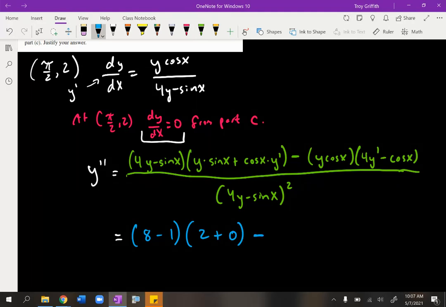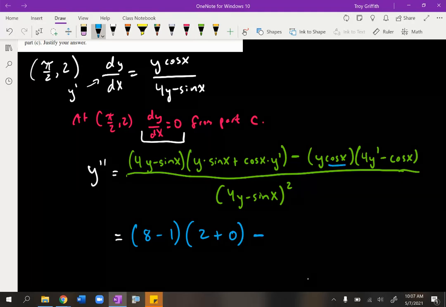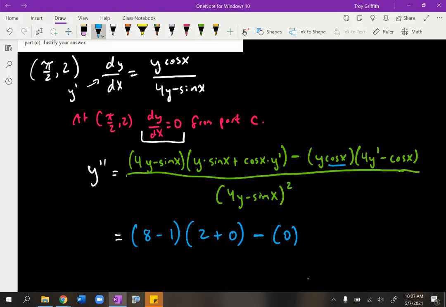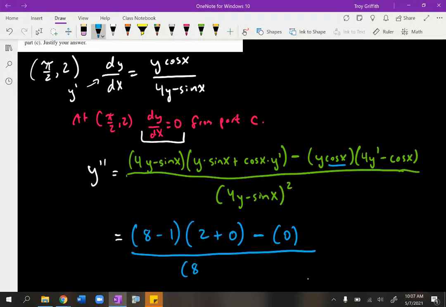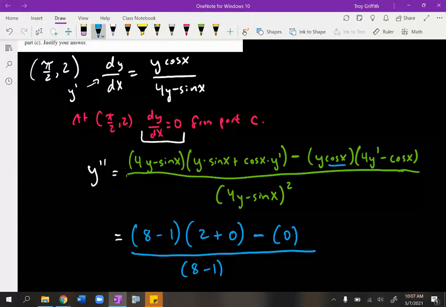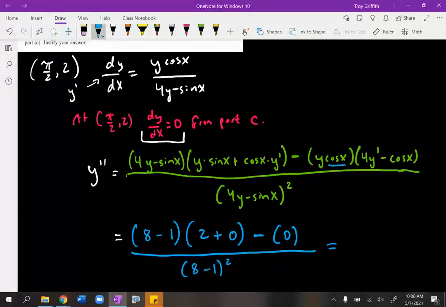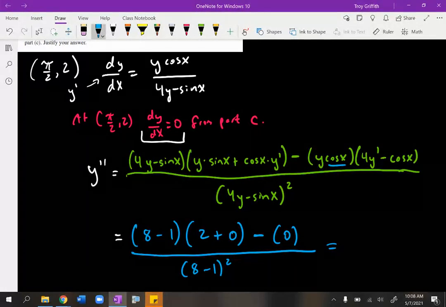Minus cosine of pi over 2 is 0, and 0 times anything is 0, so I don't care about all that. Then on the bottom, 4y minus sine of x, squared, that would be 8 minus 1, squared. When I'm done with that, I already know that that's going to give me a positive value.